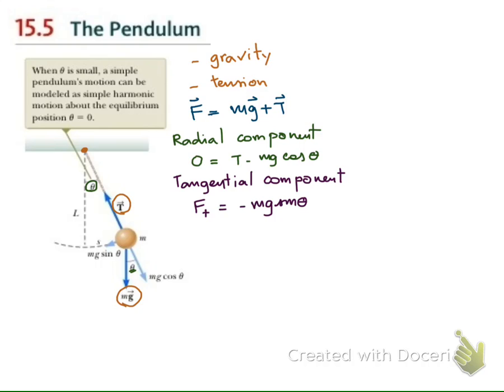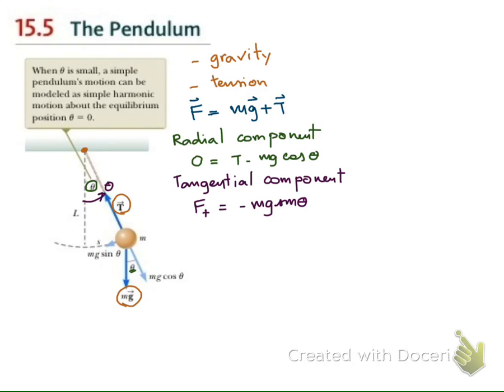We use a minus sign here in the sense that we define the positive direction in the tangential direction, where we measure positive theta in this direction.